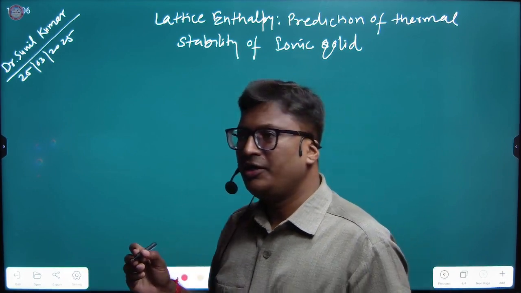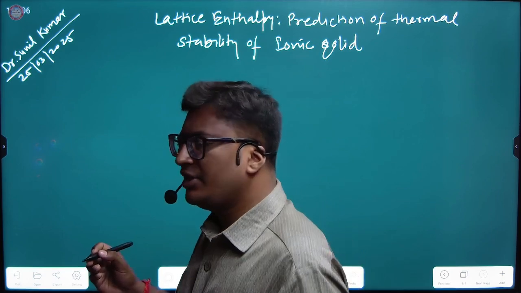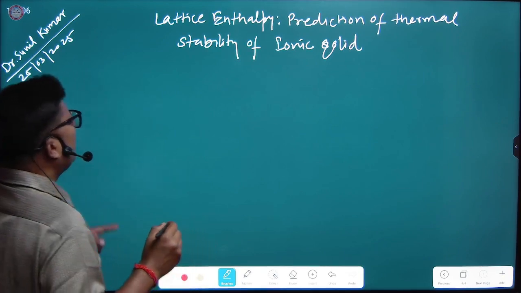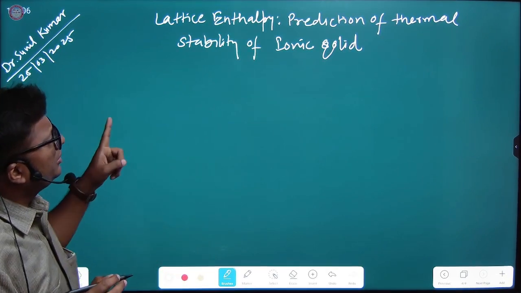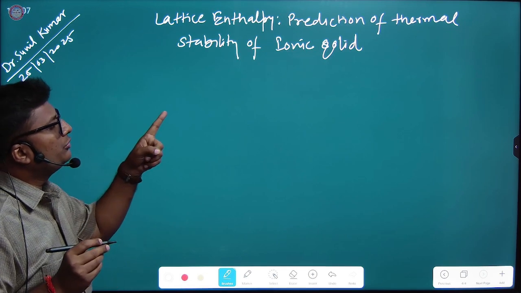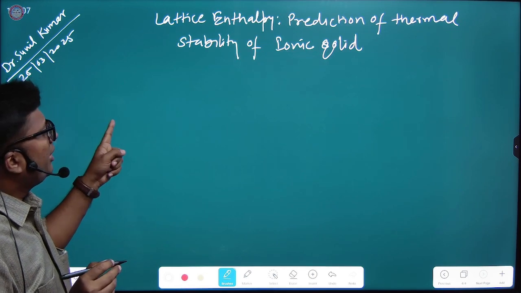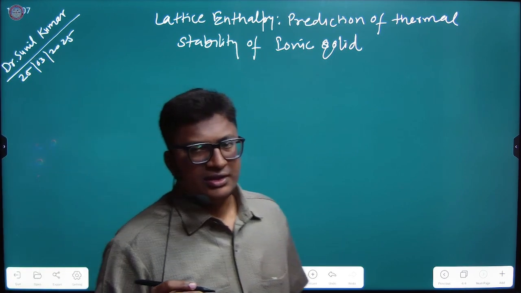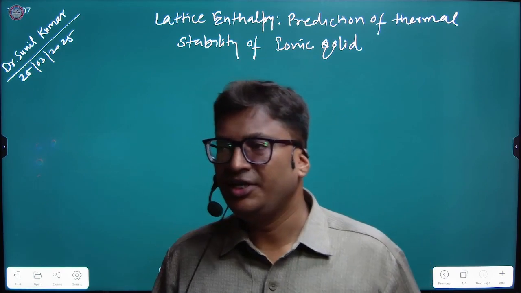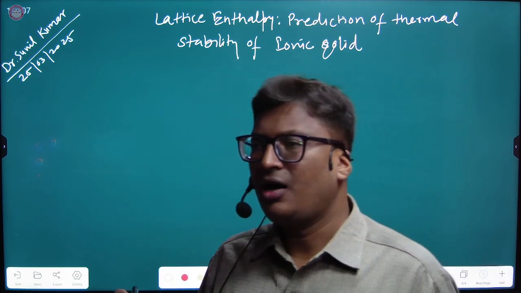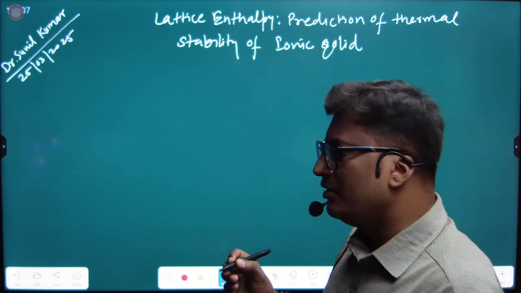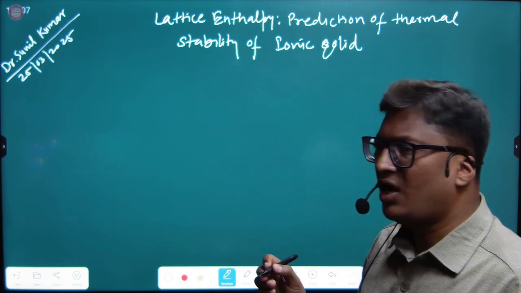Only ionic radii are available, and then we can estimate lattice enthalpy. So lattice enthalpy is a very important parameter used to predict thermal stability. Thermal stability means, if we heat any inorganic compound or ionic solid, whether it is decomposed or not.